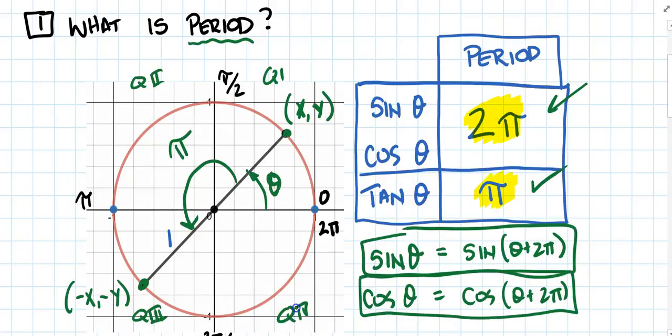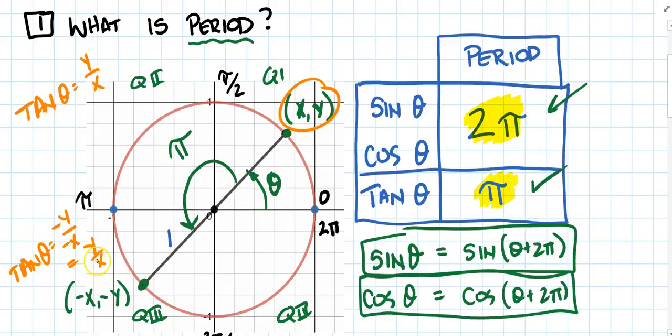So if we consider what the tangent is, the tangent of my angle theta is defined as the y value divided by the x value. That's what it would be here. Notice, what would it be in quadrant number 3? The tangent of theta would be negative y over negative x, but that's just the same exact thing as y over x.